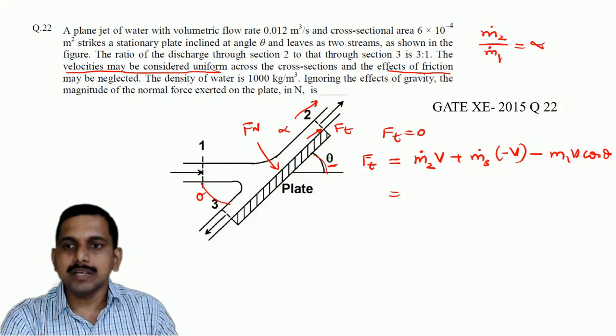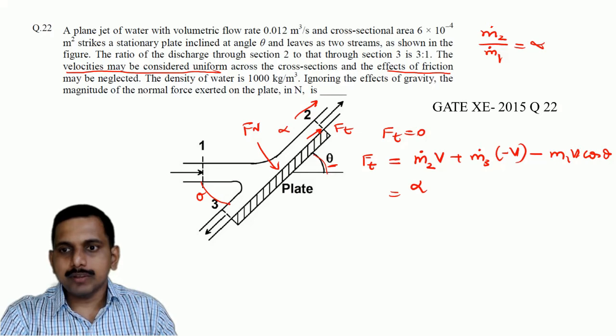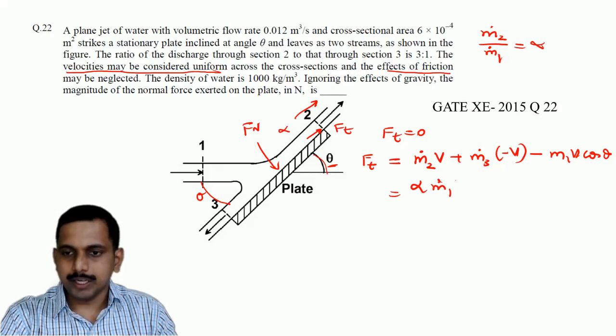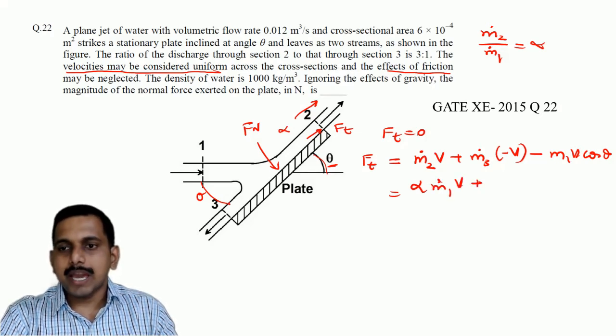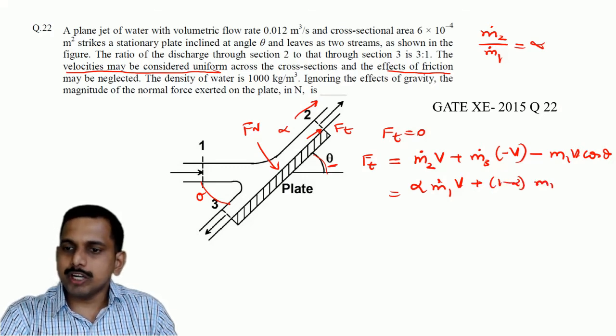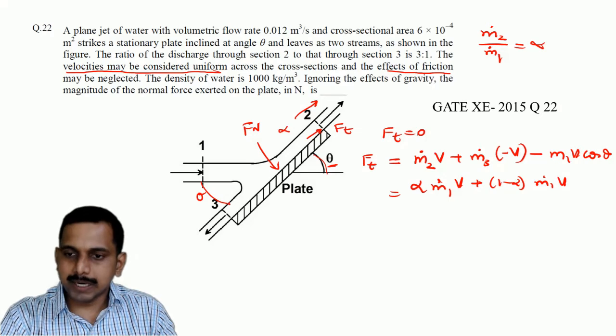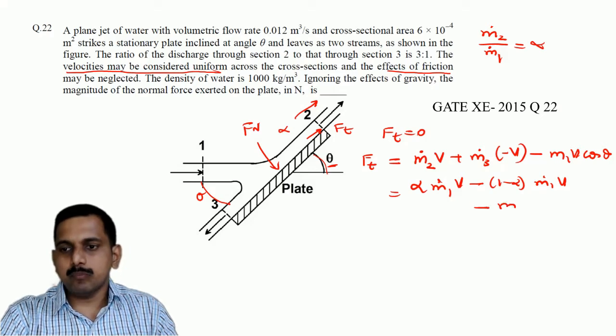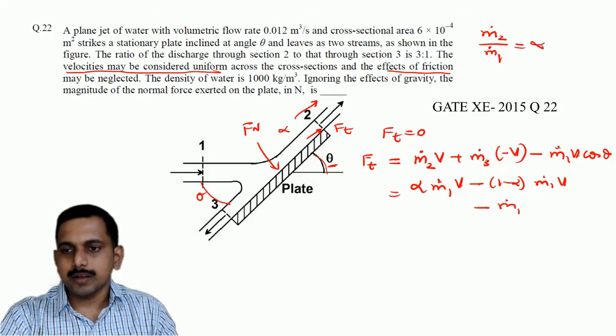Then my m2 dot would be alpha into m1 dot into v, plus m3 would be 1 minus alpha into m1 dot into minus v, and I will take minus m1 dot into v into cos theta on this side.